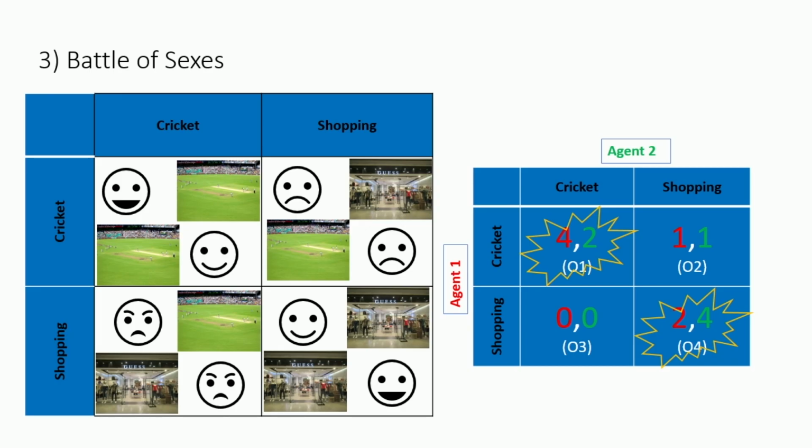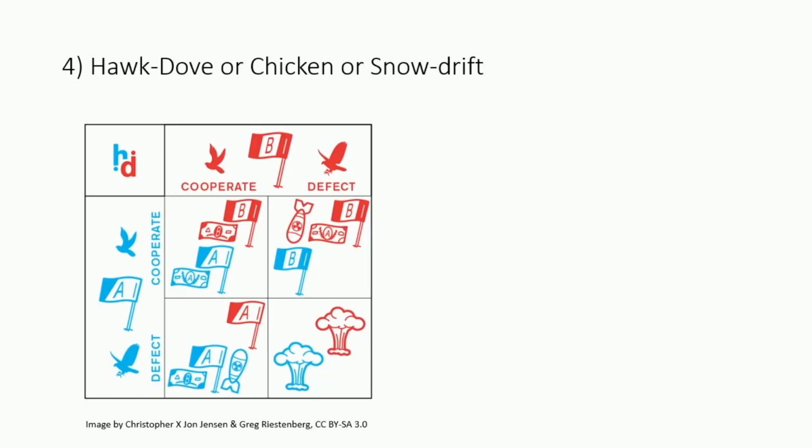Okay, that's obvious. So the last one is the famous hawk-dove, or chicken, or snowdrift game, extremely important in the field of evolutionary biology. Again, the story is obvious from the figure; I think this is cast in the form of cooperation between nations.